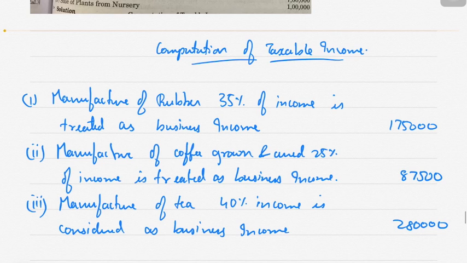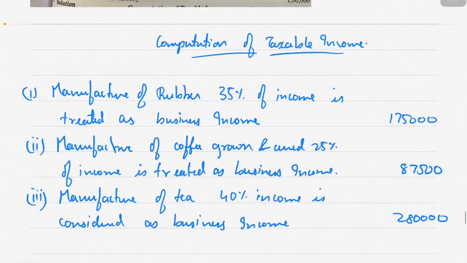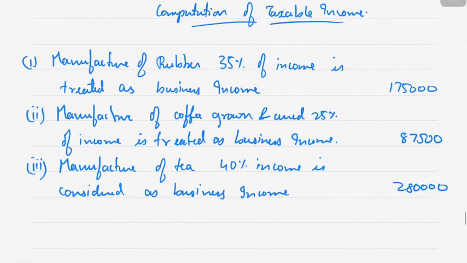Next, sale of plant from nursery, the whole thing is considered as agricultural income, correct? So nothing is considered as business income.